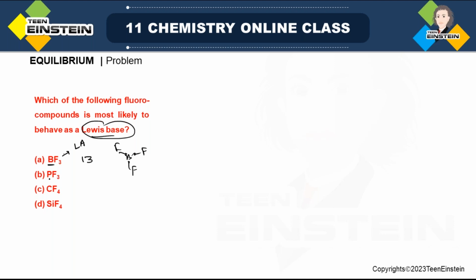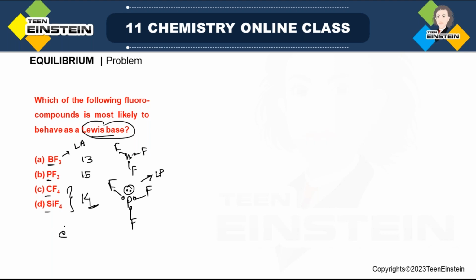Then we have PF3. Now phosphorus is from group 15, total valence electron 5. Total valence electron 5 means 3 will be used up for bond formation with 3 fluorine, and 2 will be extra, which will basically be a lone pair. So there is a chance of showing Lewis basicity. But we will also see the other 2. Carbon and silicon are both from group 14. That means total 4 valence electrons, the last digit of the group.